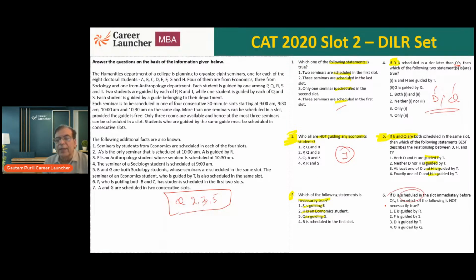Question 6 is about scheduling again, and again starts with if. So questions 4, 5, 6 are clearly telling us that the table will not be complete. Don't worry. You will not know which slot is D, which slot is E, which slot is Q. This is what we can clearly make out by looking at this particular information.